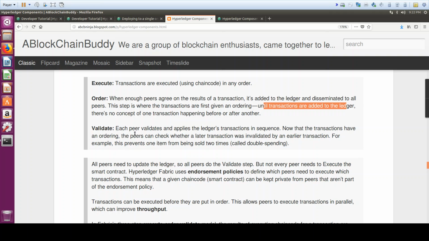Validate. Each peer validates and applies the ledger transactions in sequence. Now that the transactions have an ordering, the peer can check whether a later transaction was invalidated by an earlier transaction. For example, this prevents one item from being sold twice.